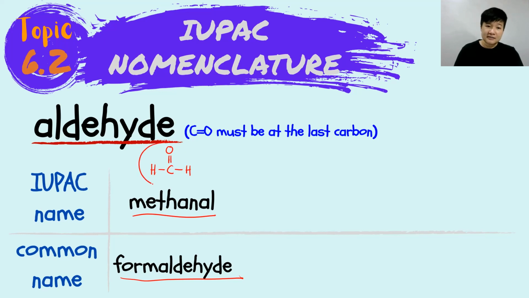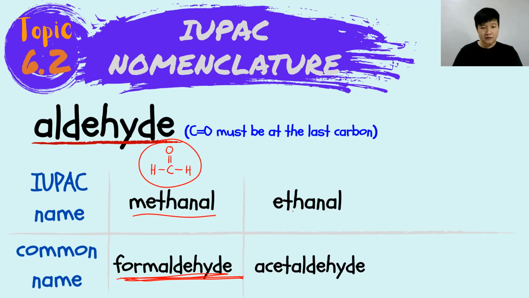And this compound is also named as formaldehyde. Okay? Another common name is your ethanal, which is your 2 carbon aldehyde that looks something like this. So that is my 2 carbon aldehyde, and the name also can be called acetaldehyde. So that is the common name of your ethanal.